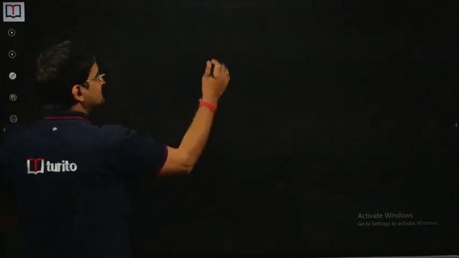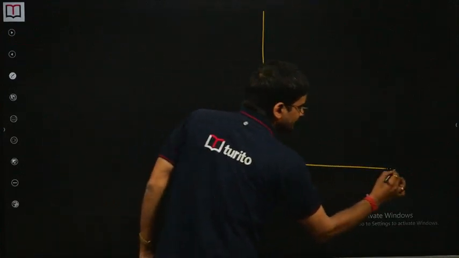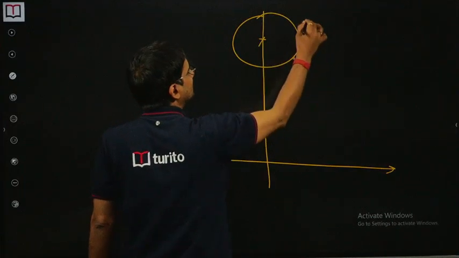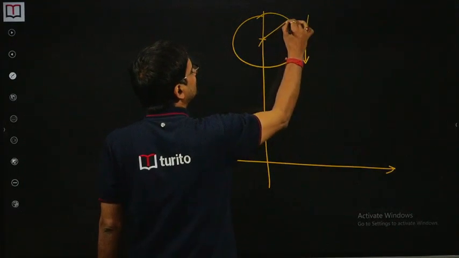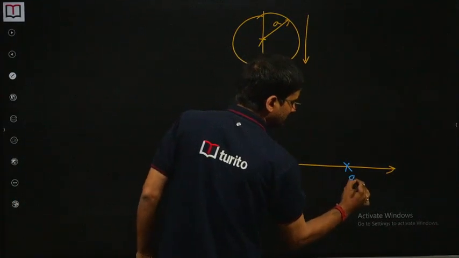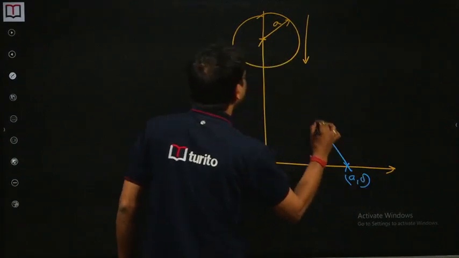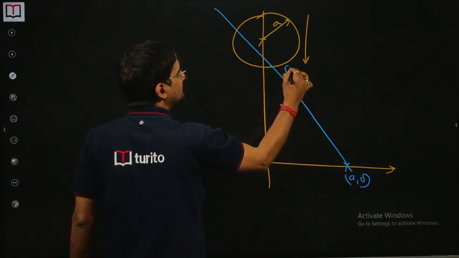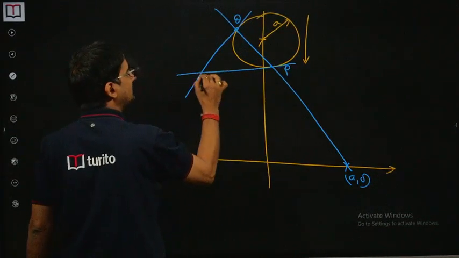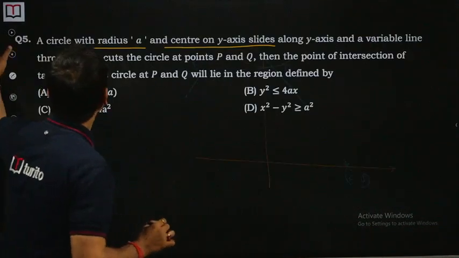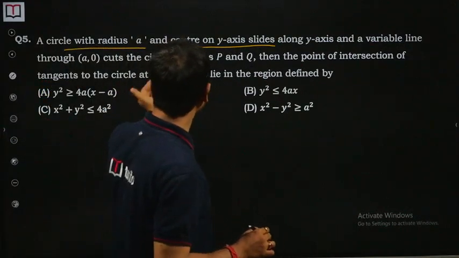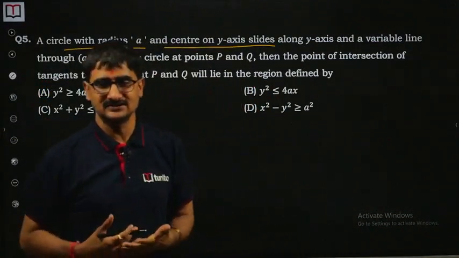Okay, see the situation is, there's a circle which is sliding down along the y-axis whose radius is a unit. Now there is a line passing through a comma 0 which intersects the circle at 2 points P and Q. Tangents drawn at P and Q intersect at R. Now the point of intersection of tangents to the circle will lie in the region defined by.